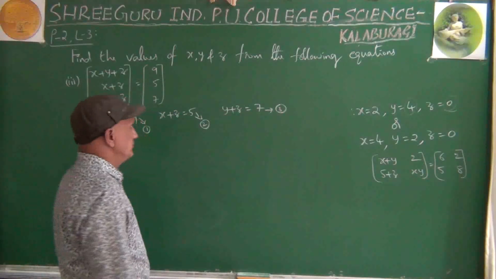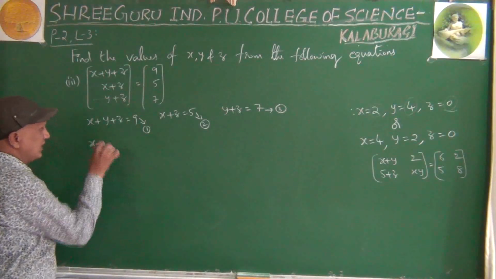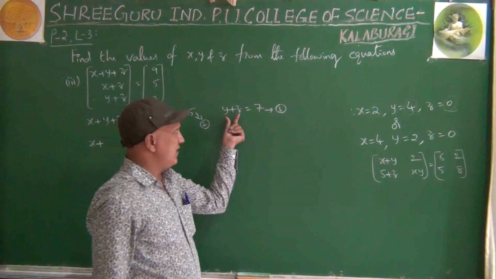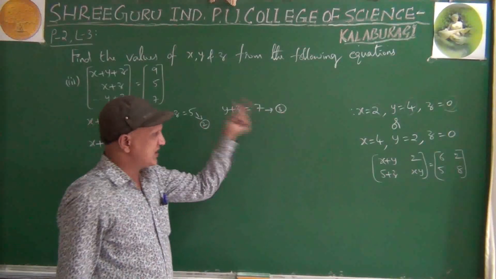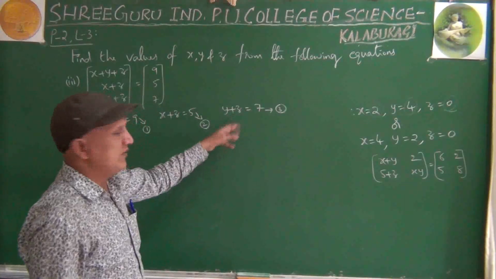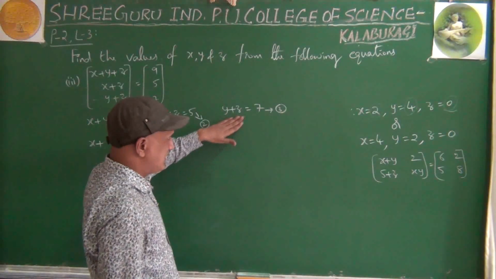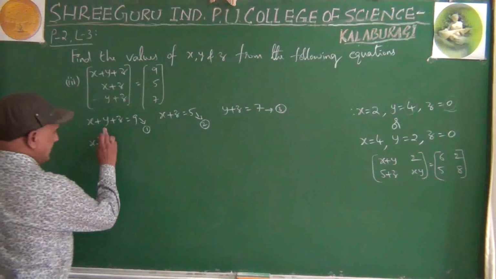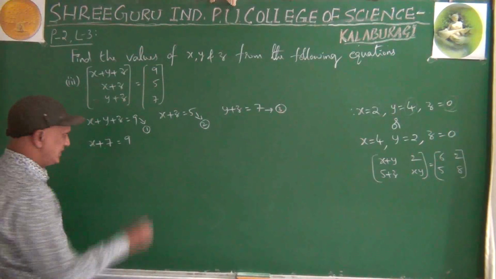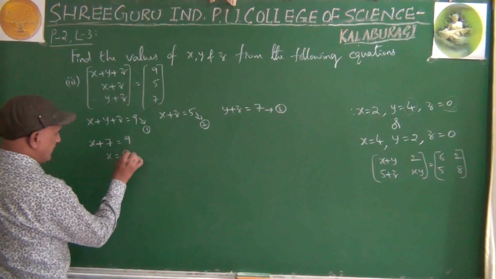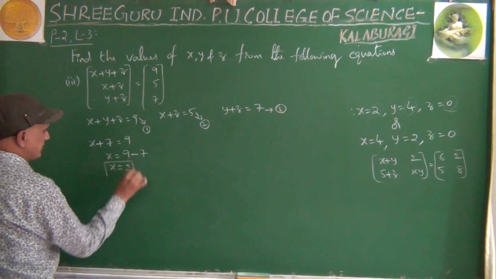Now here, wherever you find y plus z, in that place you can put 7. In this question, in place of y plus z put 7. x equals 9 minus 7, x equals 2.